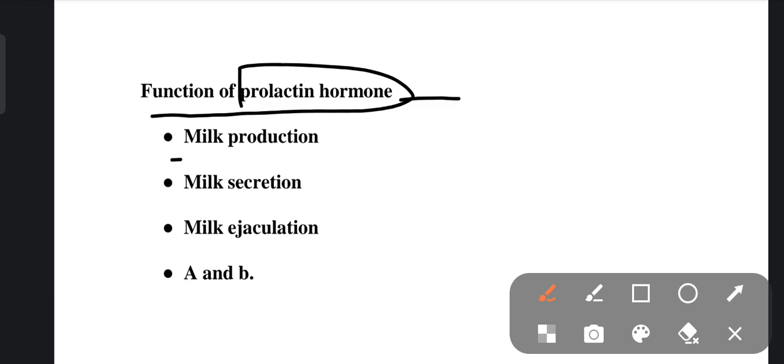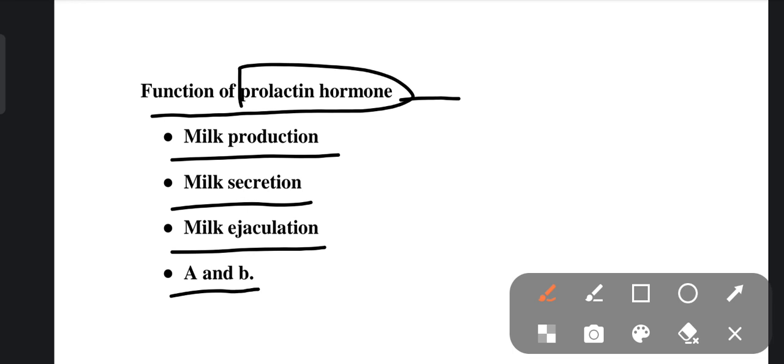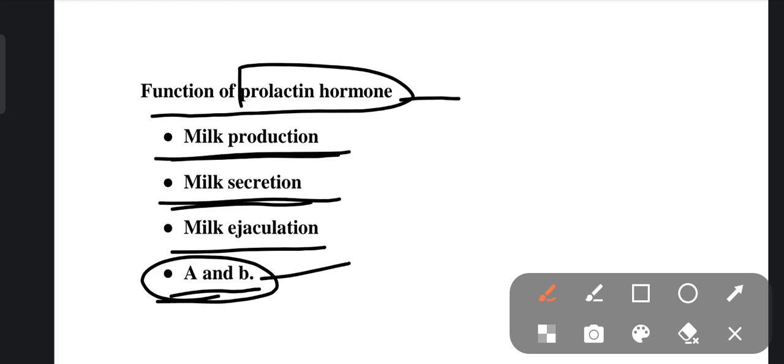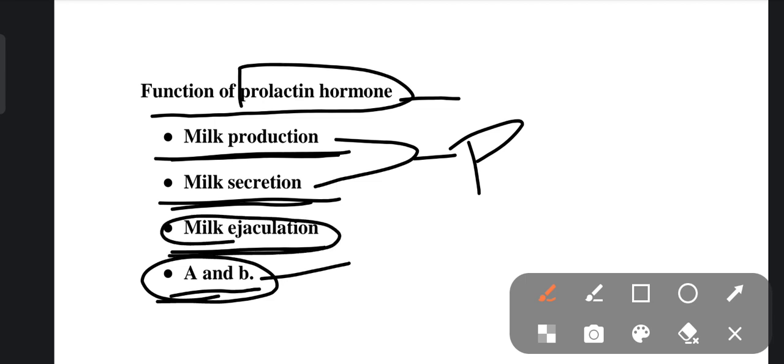Options are milk production, milk secretion, milk ejection, and option D is A and B. So the right one is option D, that is A and B. Those are milk production and milk secretion. These two functions are the responsibility of the prolactin hormone, and milk ejection is based on the function of oxytocin.